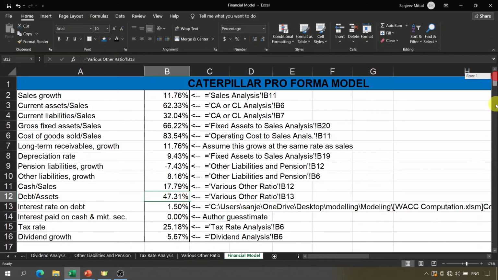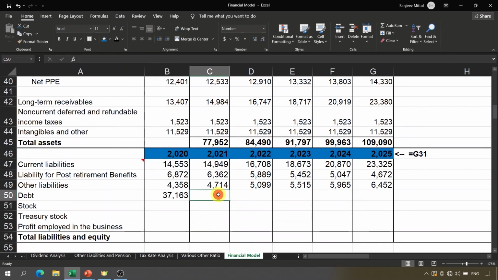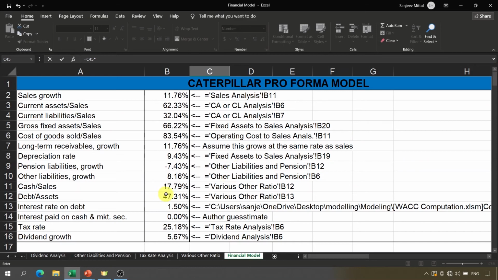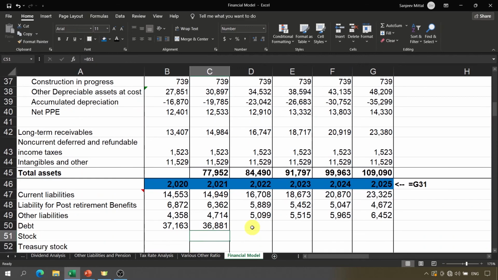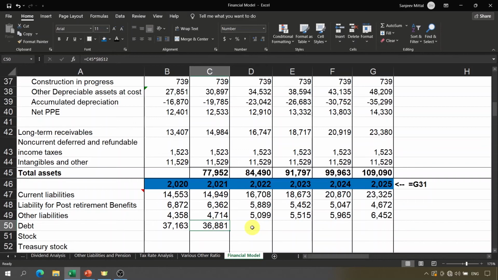So we shall go to our financial model, select our total assets from above, multiply this total assets with our financial modeled debt, which is 47.31%, and simply press enter. Once we press enter, we get the details of our projected debt for the year 2021. Based upon that, if we copy and paste, we will get the results of our debt for all the 5 years till 2025.